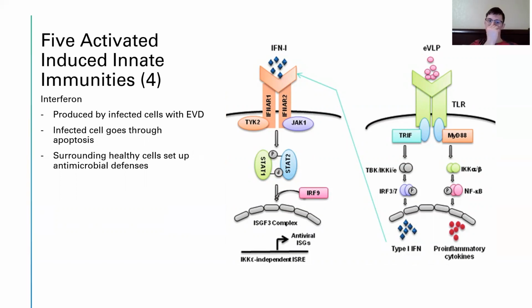interferons are the fourth one for activated and induced innate immunity when it comes to EBV. This study shows that there are interferon 1 (IFN1) pathways that are activated to act against Ebola virus infection.